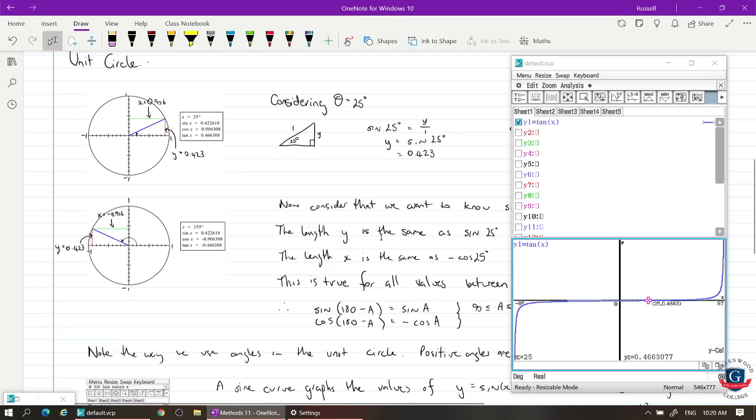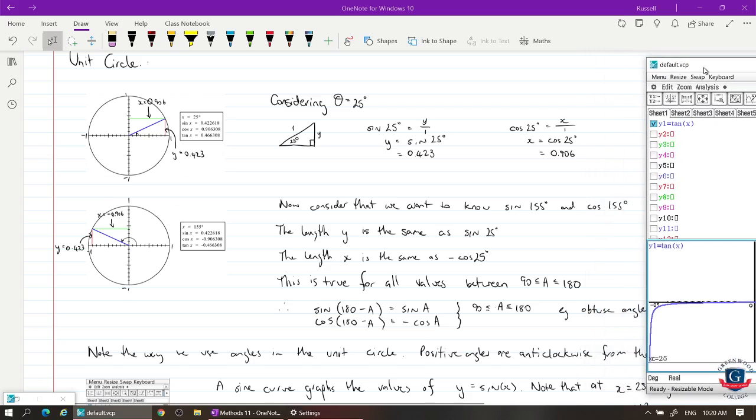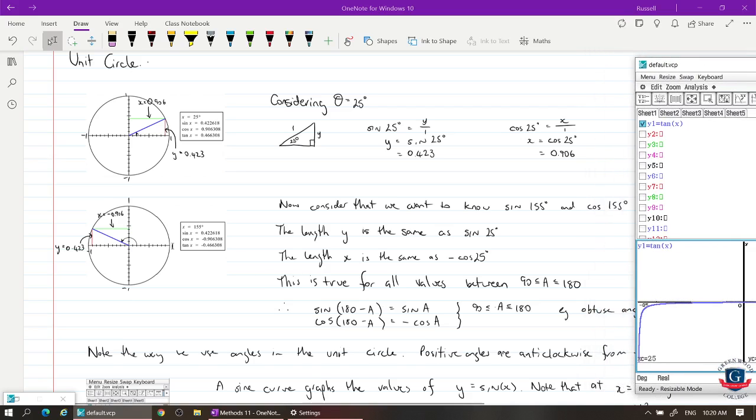Now the question is, if it was an obtuse angle, like, what's 180 take 25? 155. We'd be looking for this angle here, and we're looking for the sine, cos, and tan of it.